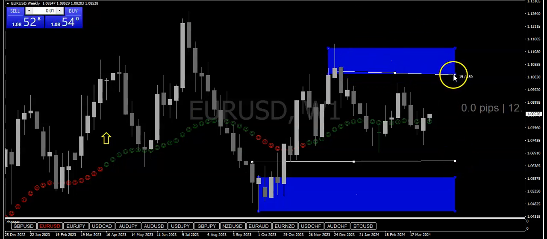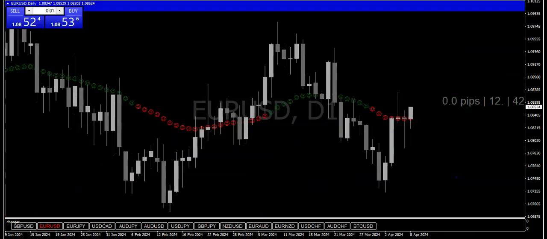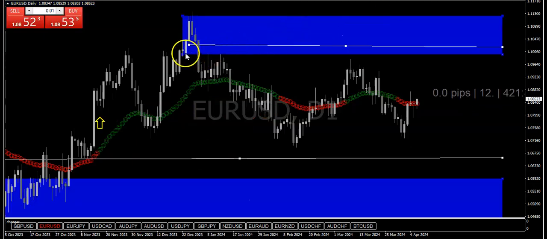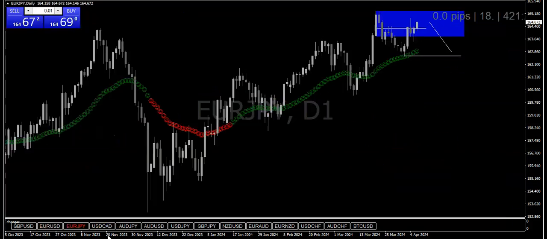Yep, tap back into it. Back to my daily. All right, cool, that's where we're at. So once either zone gets tapped, I'm looking to place a trade in that zone, either up or down.